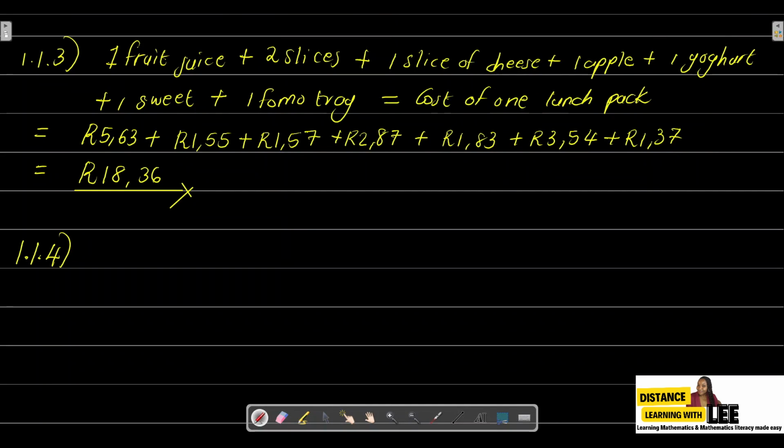This is the formula that you guys should know: the profit that Yvette makes is equal to the selling price minus the cost price. The profit you make is how much you sell your items for minus how much you spend to buy your items. So it's your selling price minus your cost price.